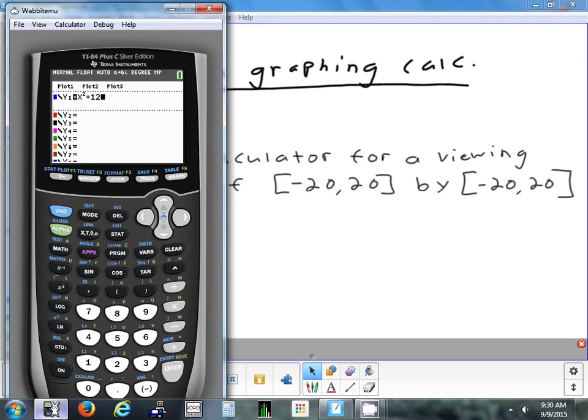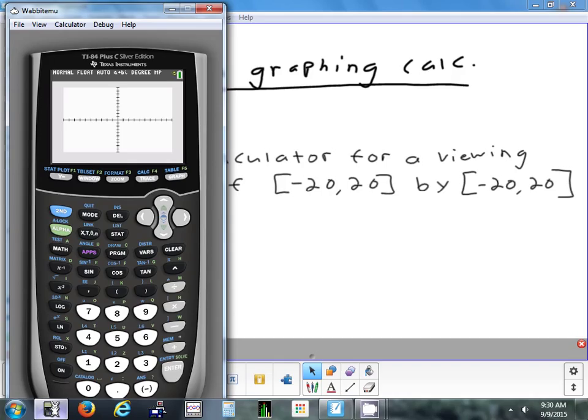After you type in x squared plus 12, press the zoom button. It's right at the top in the middle. And the 6th option down is standard. What standard is going to do is set the window from negative 10 to 10 on the x-axis and negative 10 to positive 10 on the y-axis. So choose the 6th option down.